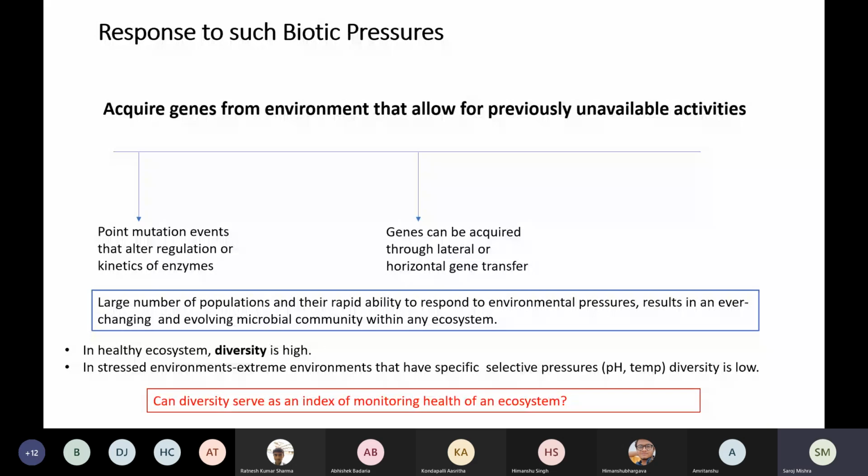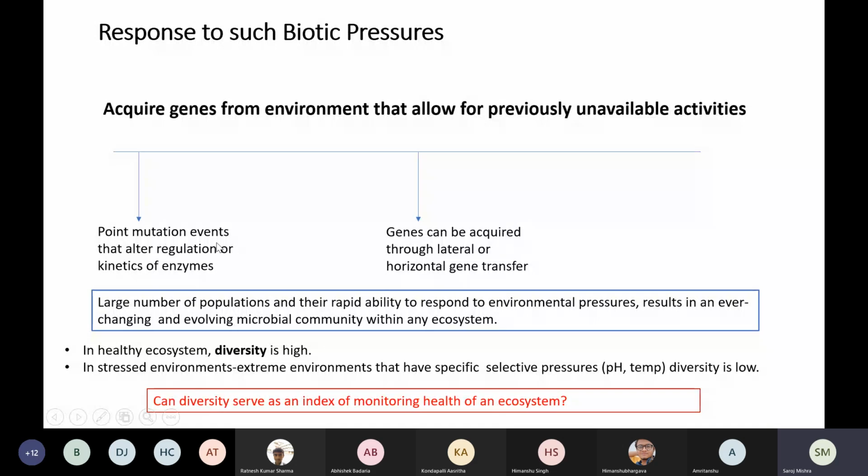Or there is an existing gene in this Pseudomonas, but the activity is very, very low. It is not able to metabolize naphthol, a very, very slow process. However, there is a mutation in that particular gene, as a result of which it can alter either the regulation or the kinetics of that particular enzyme.